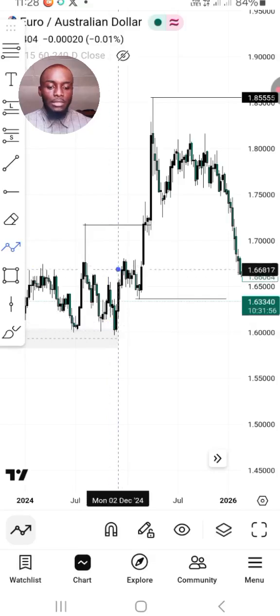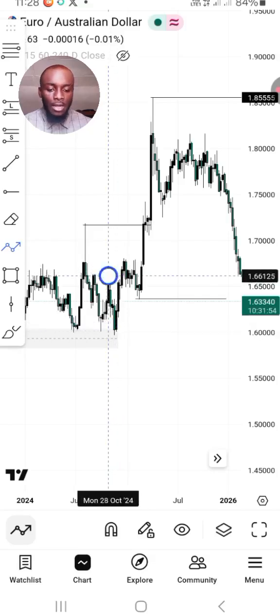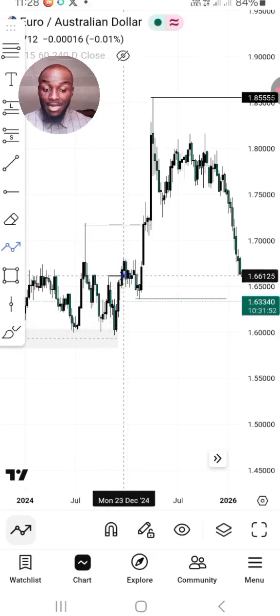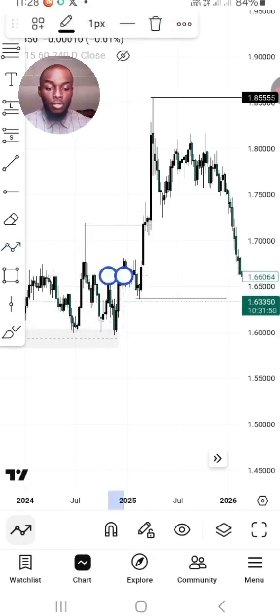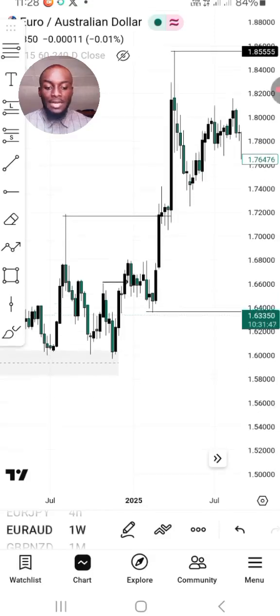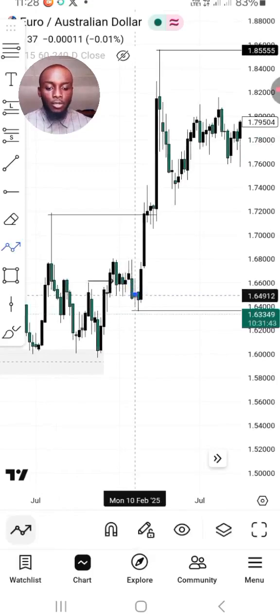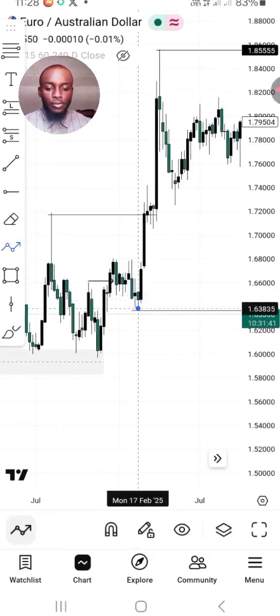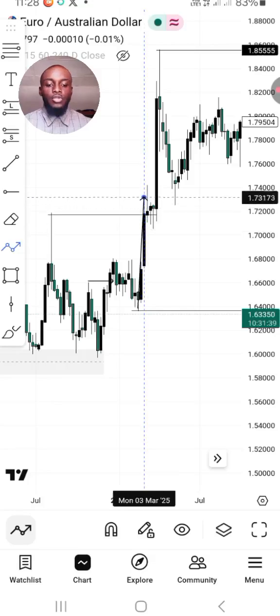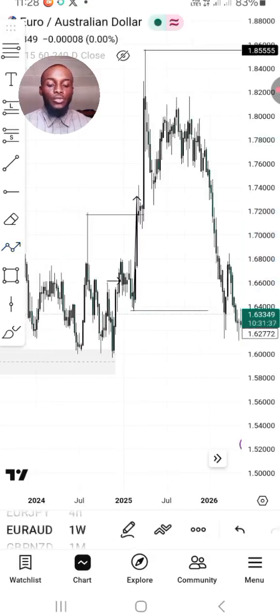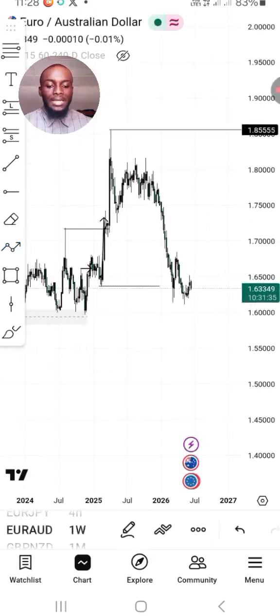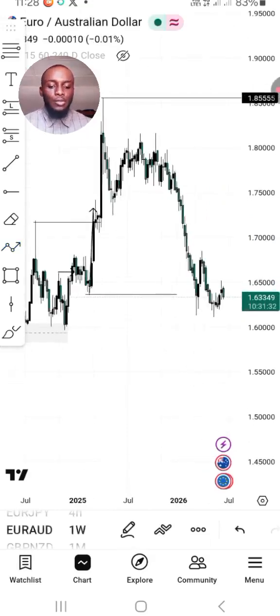Price went up, tapped it, and we had a minor shifting market structure at this zone. After that happened, price returned back to the discount zone, and we broke market structure to the upside. We wanted to see price return back to the discount zone, and that's what happened.